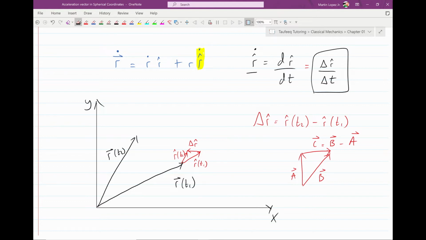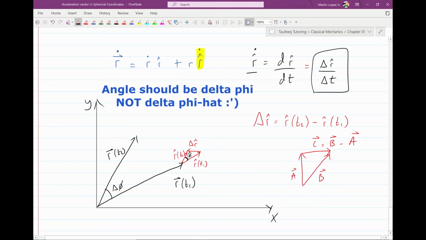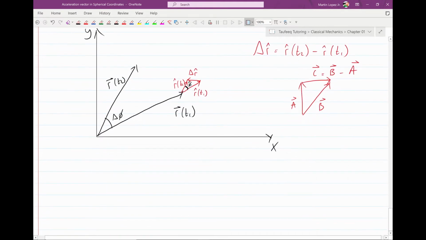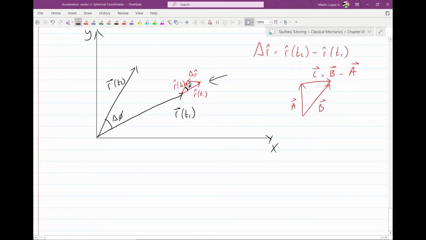Now, let's define some more things on this graph. So we also have delta phi, right? That's the change in angle between the two positions. And that change in angle will also be preserved between these two unit vectors, right? It's pointing in the same direction, so the angle will be the same. Now, if we zoom in here, so Taylor kind of starts in this box.